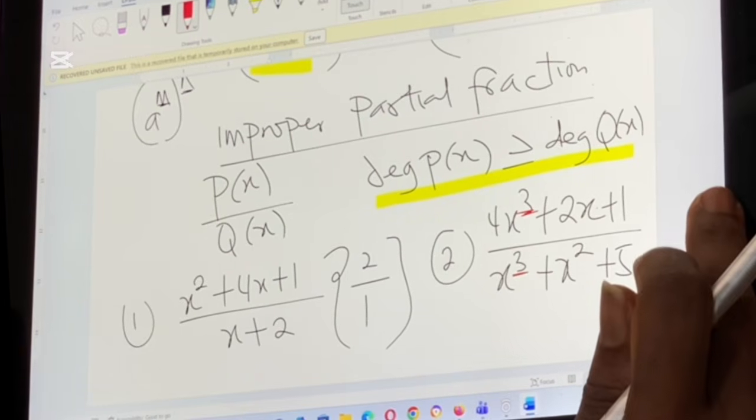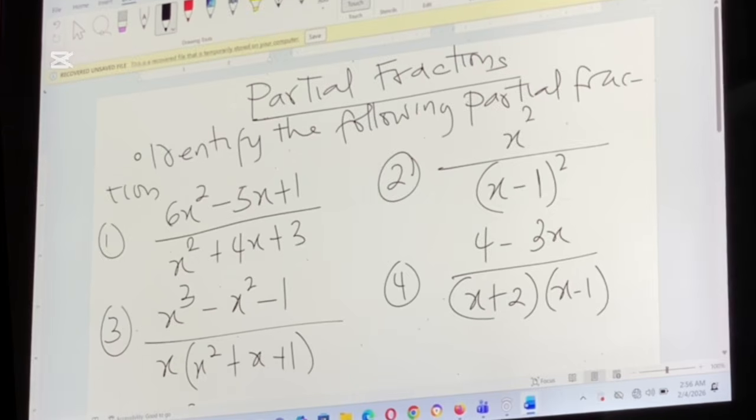So now let's consider some questions here to know how to classify a partial fraction, either as a proper fraction or an improper fraction. Earlier, I told us that whenever you want to identify a partial fraction to be either an improper or a proper partial fraction, all you have to do is to know the highest degree at the numerator and also the highest degree at the denominator.